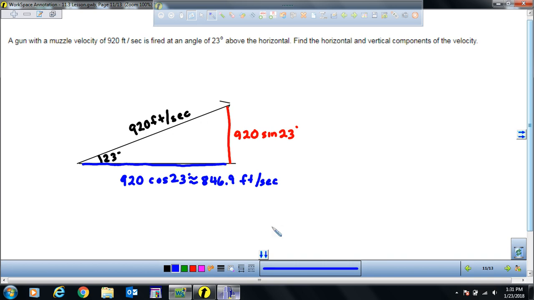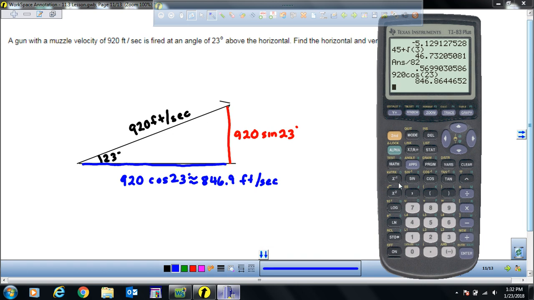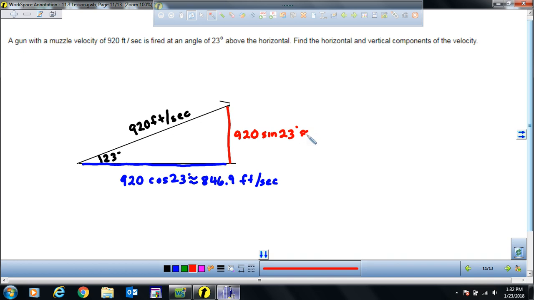Horizontally, that's the velocity at which it's traveling horizontally. Okay. Now let's find the velocity at which it is traveling vertically. So 920 times sine of 23 degrees, that is 359.5. 359.5 feet per second.